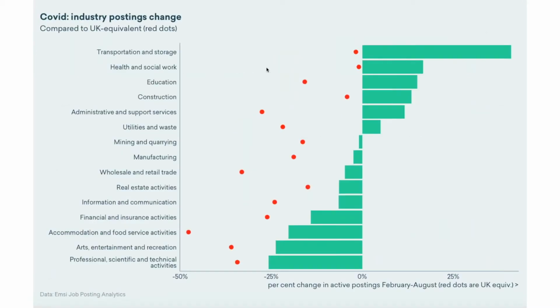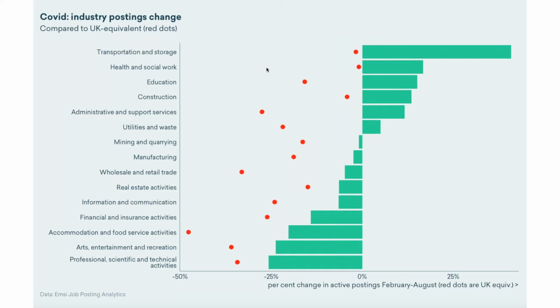Next, just to take a look at the industries mostly affected. This is looking at the job postings again, and we're looking at the industries which were most affected compared to the UK. The UK equivalent is the red dot. Here we can see that jobs in transportation and storage and health and social work continue to post well. They had increases between February and August, as we'd probably expect, given the big increase for those particular industries.